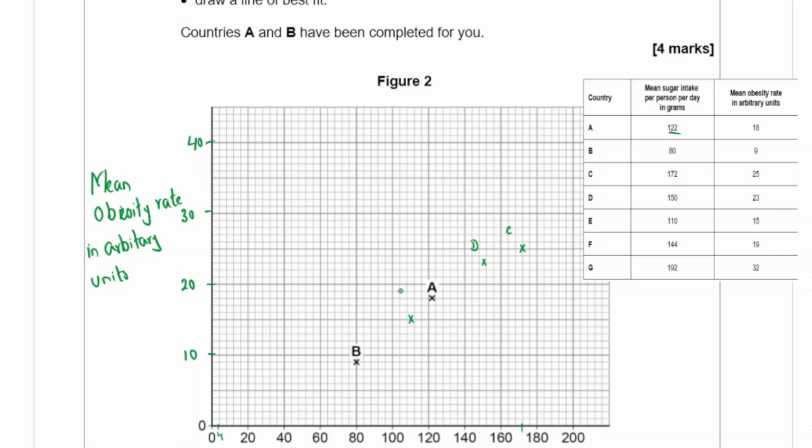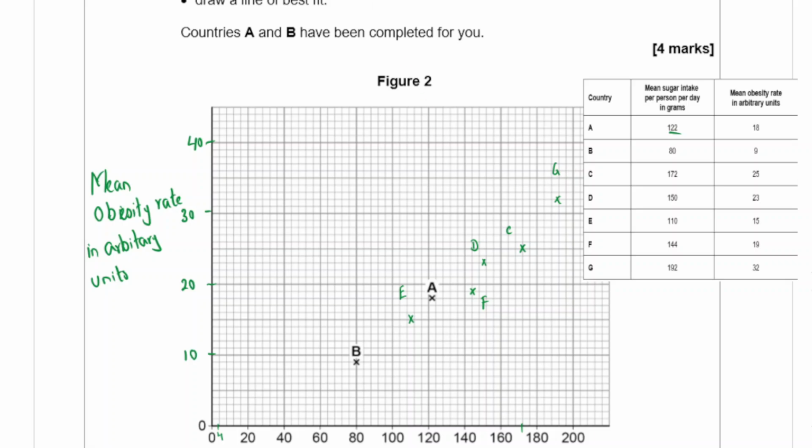That's E. F is 144 at 19. That's over there, that's F. And G is 192, and at 32. So 32 is going to be here. So 192, that's G.